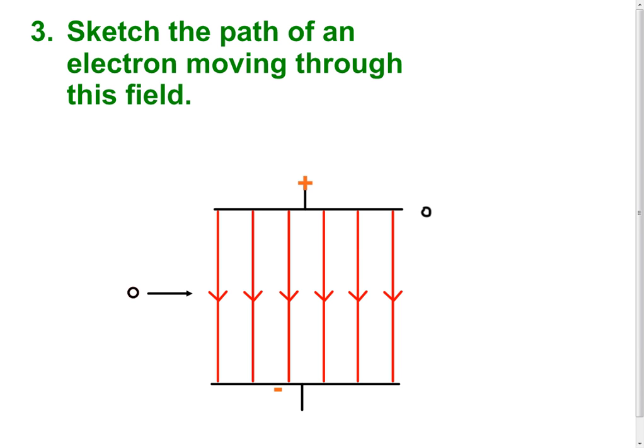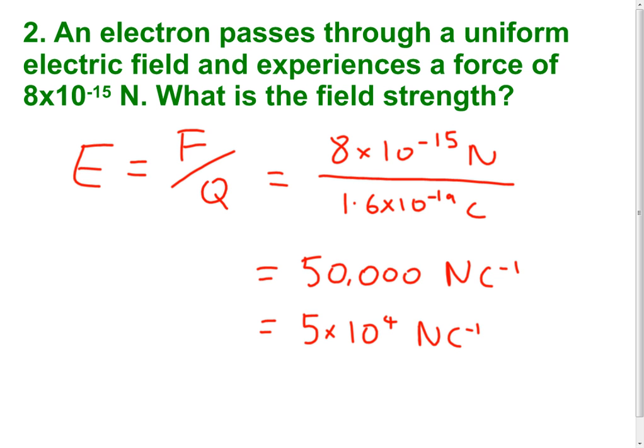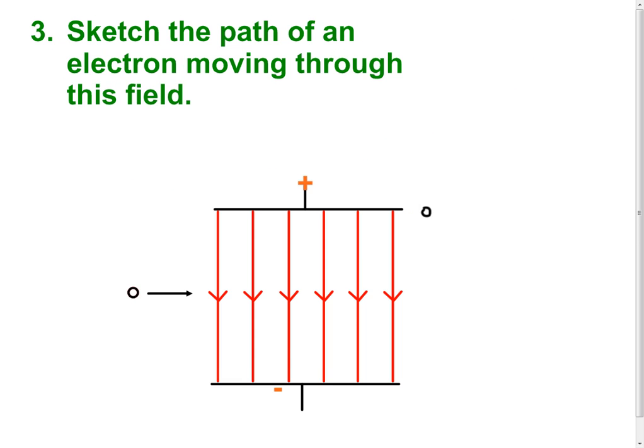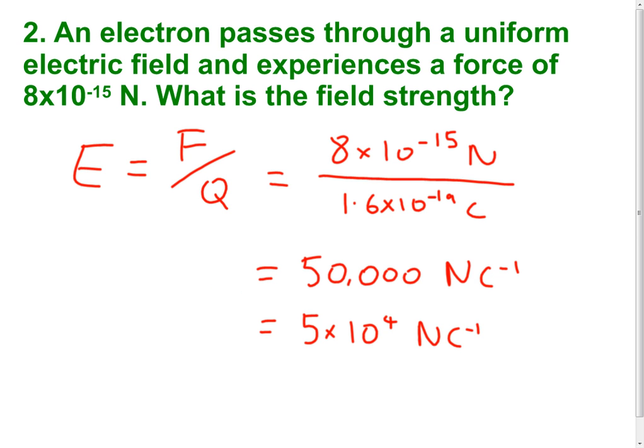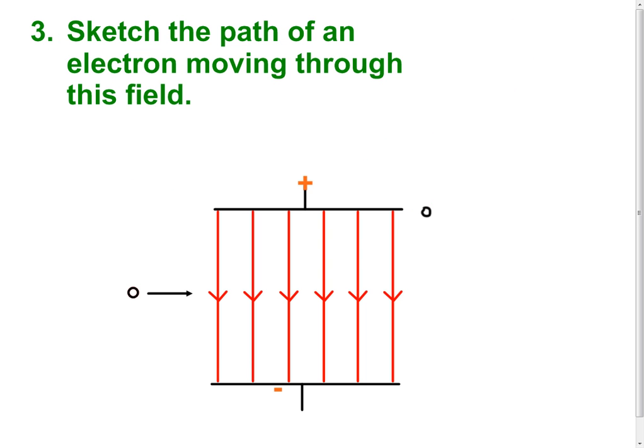We can go a little further though and just think about exactly what the path is going to be like. Now we've just worked out the field strength. We had a force acting on an electron in a field. Now, because the field is uniform, that force is going to be the same everywhere in the field.